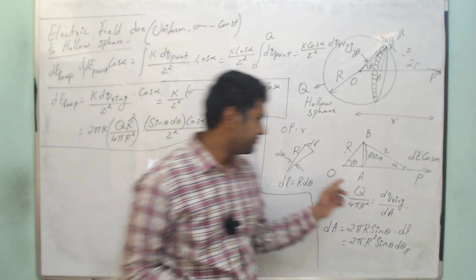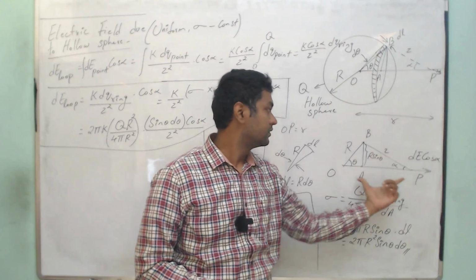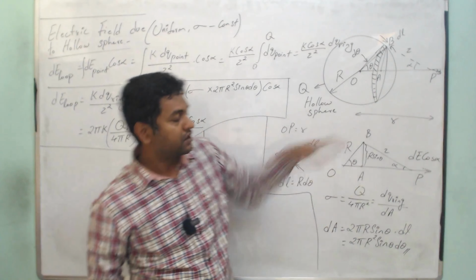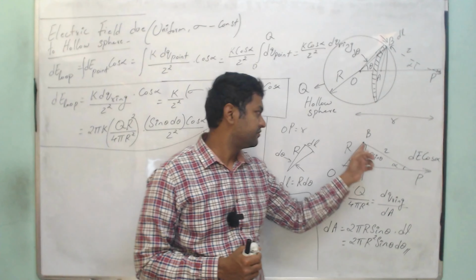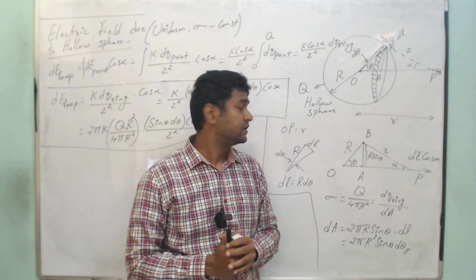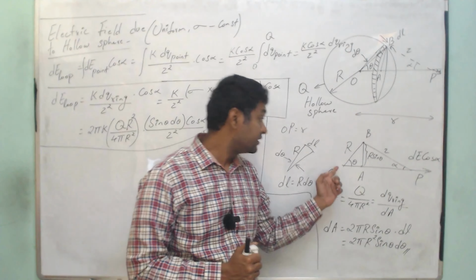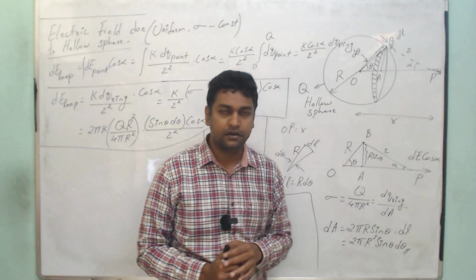So I have small r, which is OP, I have capital R, which is OB, and I have Z, which is BP. And the angle between OB and OP is theta.